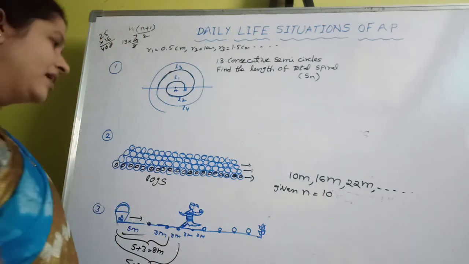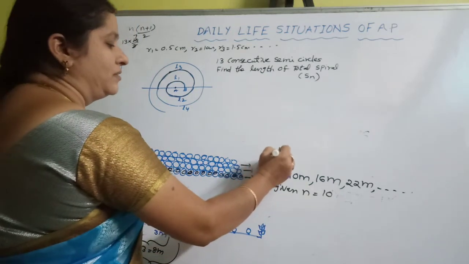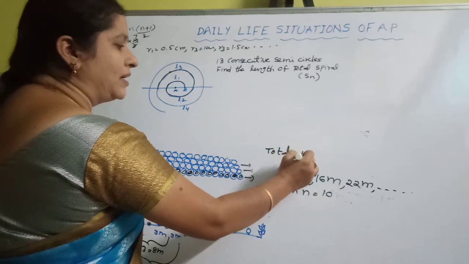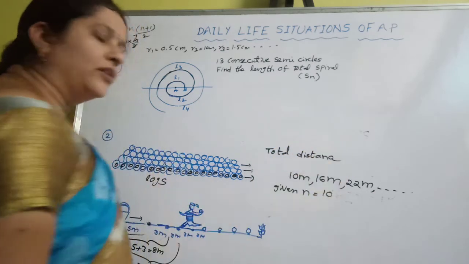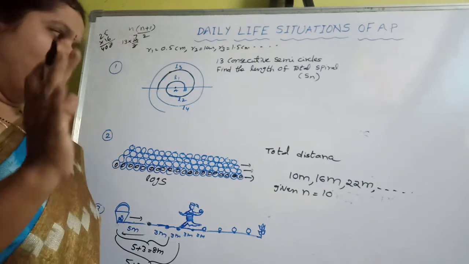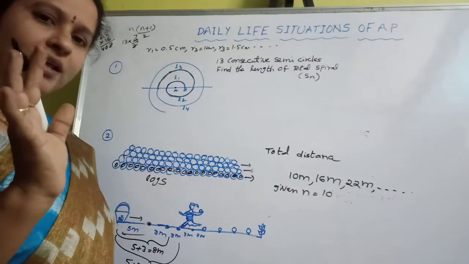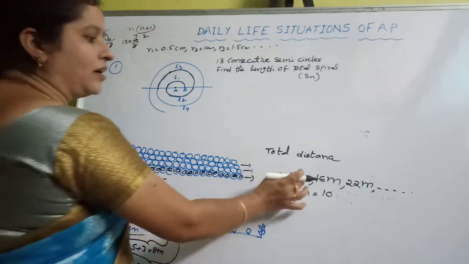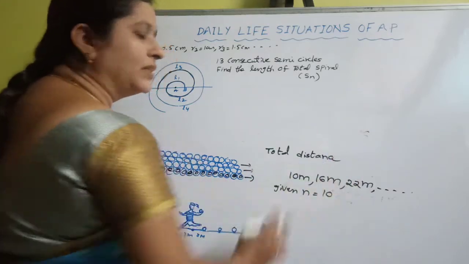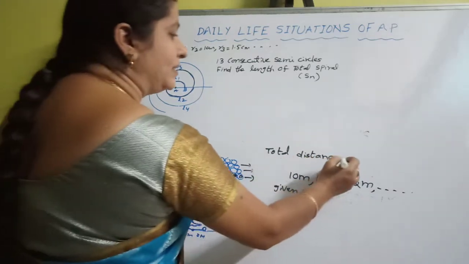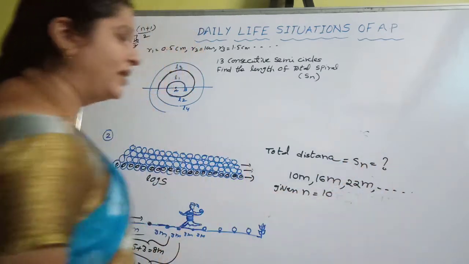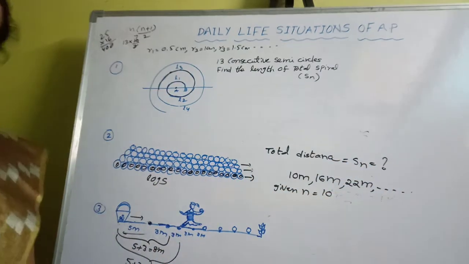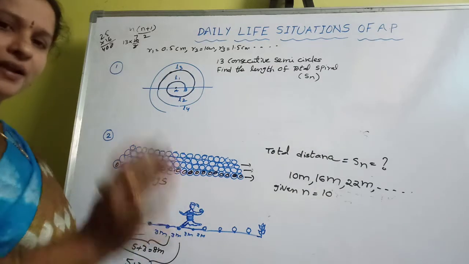You have to find the total distance the competitor travelled. The total distance means the sum of the terms in AP, so you have to find the Sn value. n is 10 balls, meaning 10 terms.